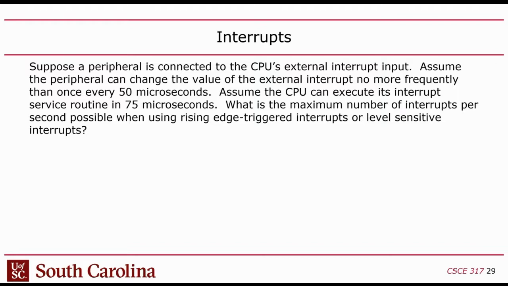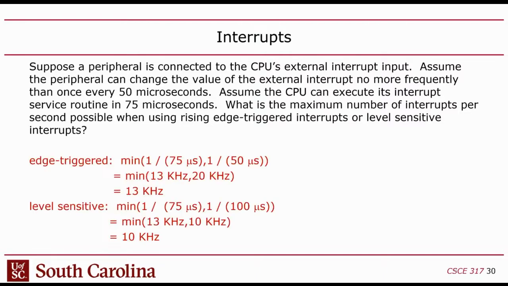Assume the peripheral can change the value of the external interrupt no more frequently than once every 50 microseconds. When I say change, I mean 0 to 1 or 1 to 0. And assume the CPU can execute its interrupt service routine in 75 microseconds. What's the maximum number of interrupts per second possible when using rising edge triggered interrupts or level sensitive interrupts?